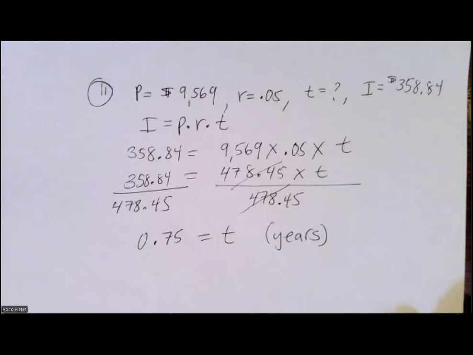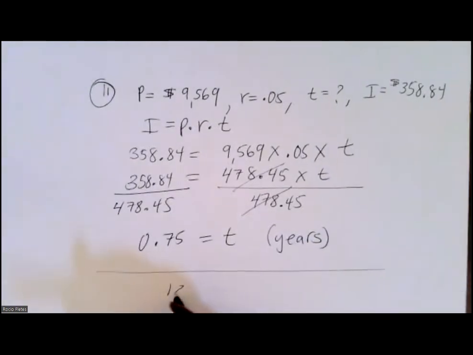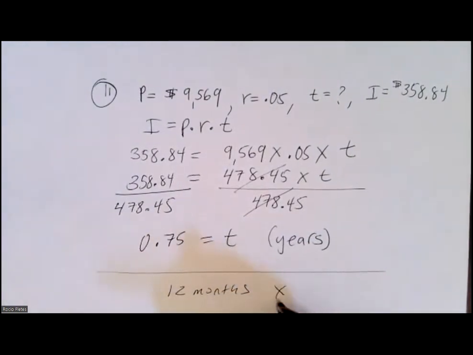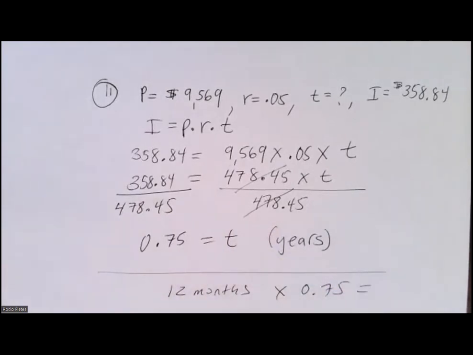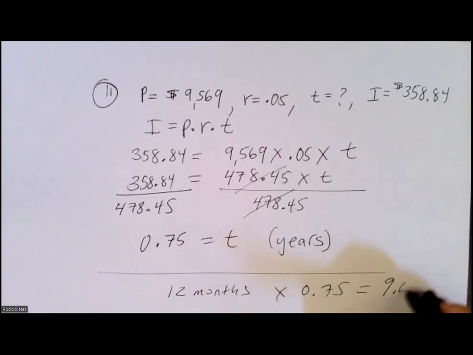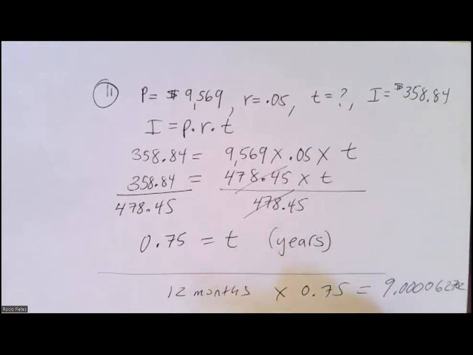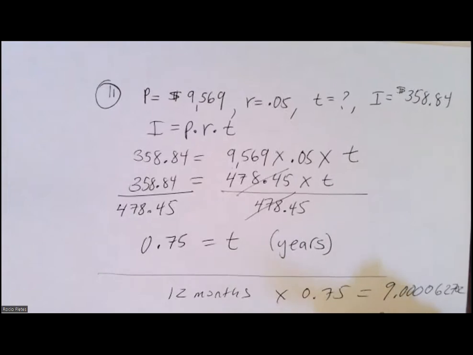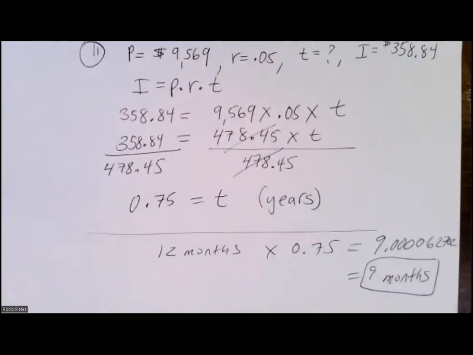You don't have a complete year, so obviously you're dealing with months. If you take 12 months times 0.75, it gives you 9.000062702. Really, it's 9 months when you round to the nearest month.